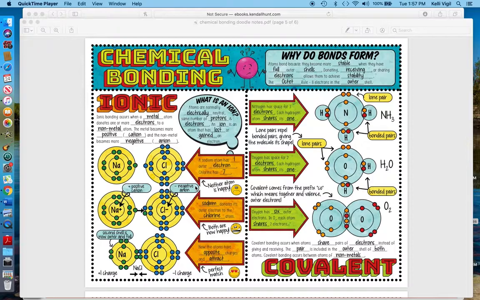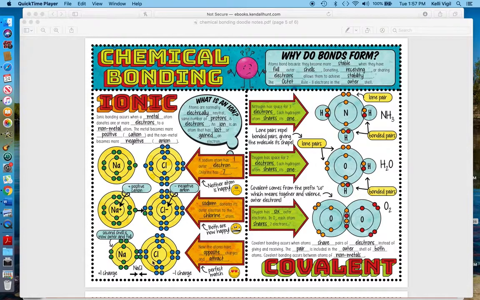And then the memory trick was a negative is an anion, and anion to me always sounded like onions, and I don't like onions that much, so I feel kind of negatively about onions and anion. Okay, but now we've got Mr. Positive Sodium, we've got Mr. Negative Chlorine, and opposites always attract, just like in a Hallmark movie.